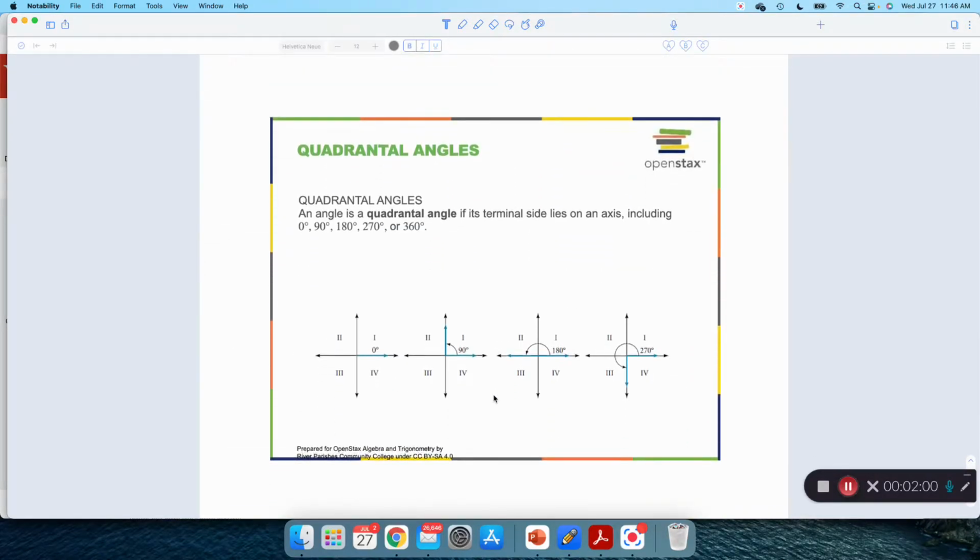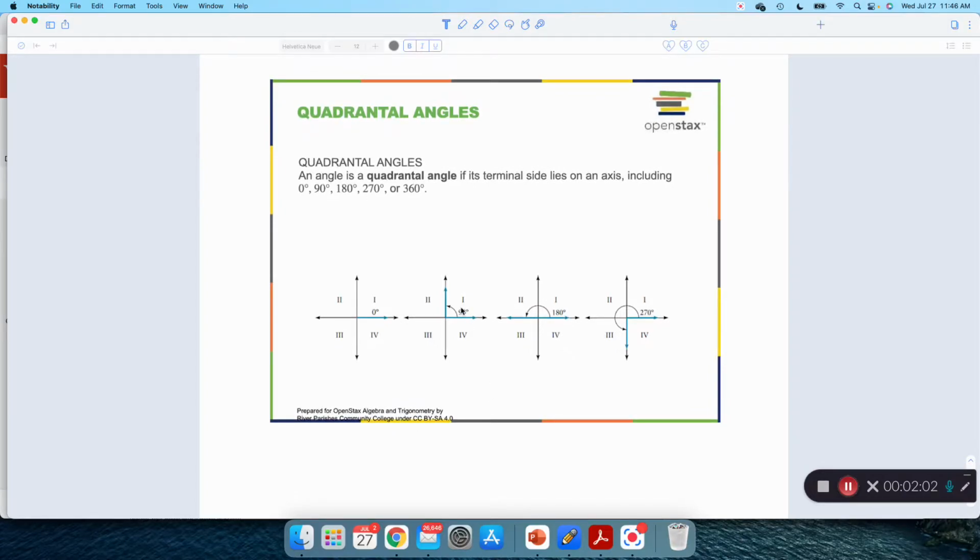Okay, some special angles. There's going to be a whole lot of "we know" here in this first chapter. We know that we can number our quadrants in the XY plane 1, 2, 3, 4, going around counterclockwise. So some of our special angles are what we call the quadrantal angles.